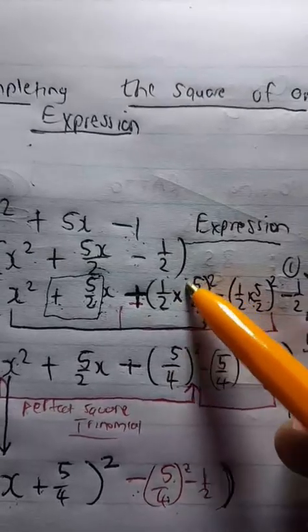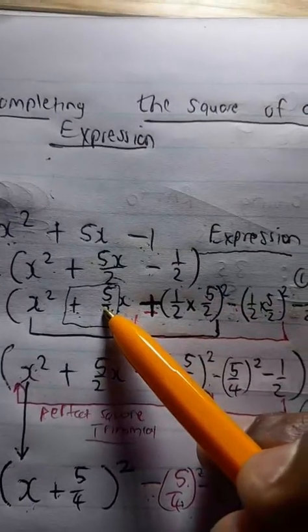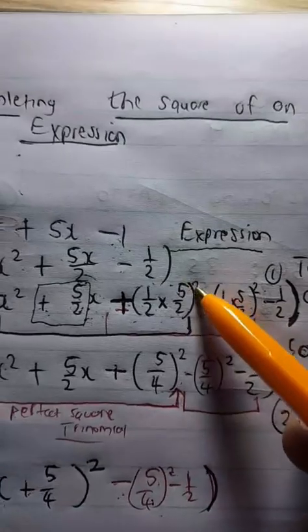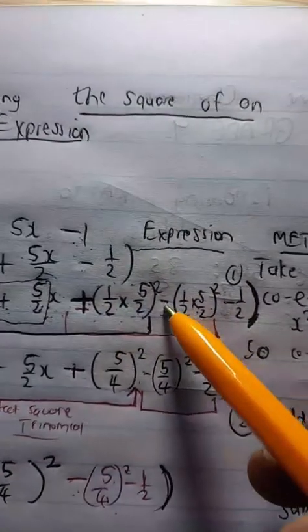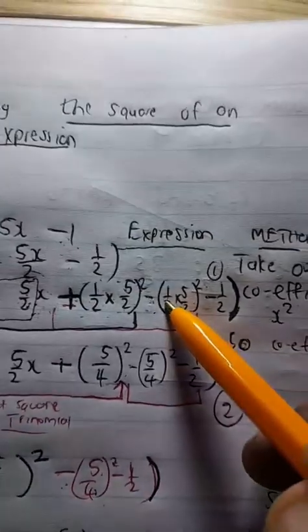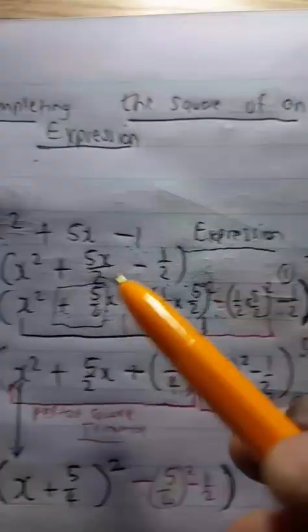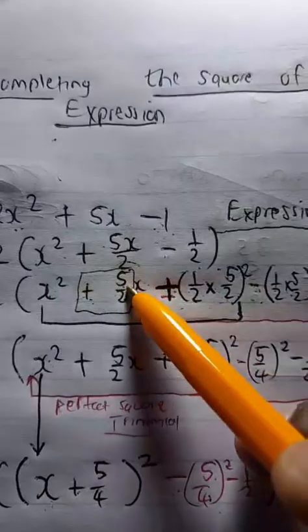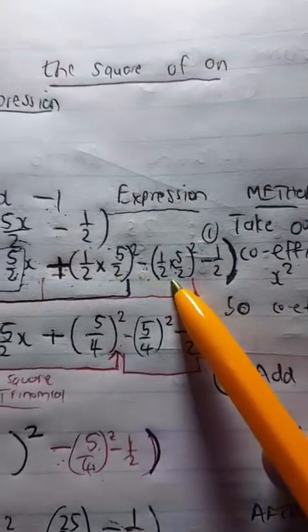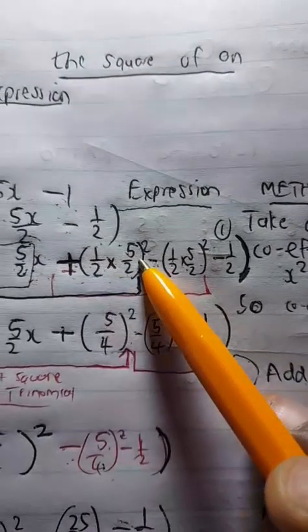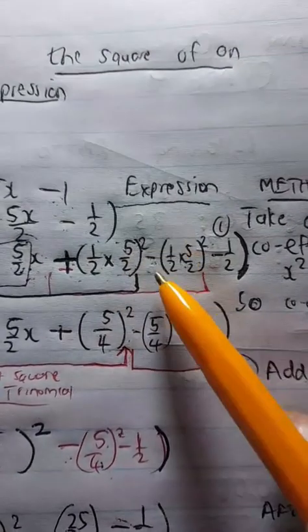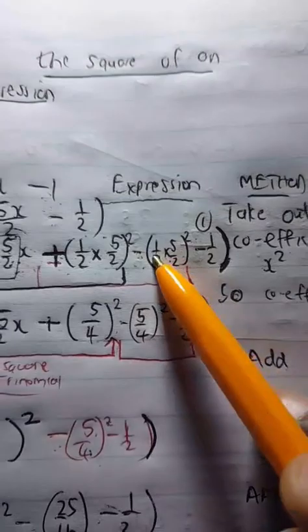We times it by 5 over 2, this coefficient, which is 5 over 2. Then we do what? We square it. So after adding this, we also subtract half the product of the coefficient of x, which is 5 over 2. So that is done. Add first, half times the product of the coefficient squared, then we subtract the same thing.